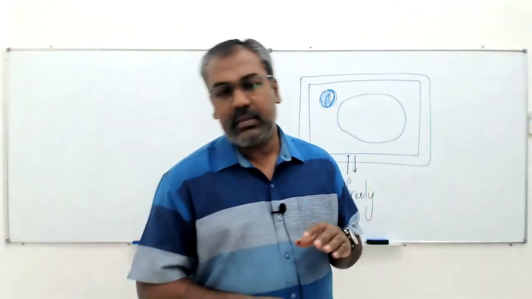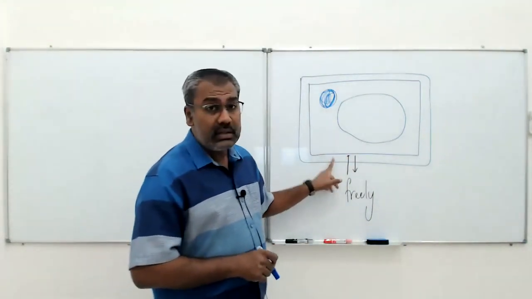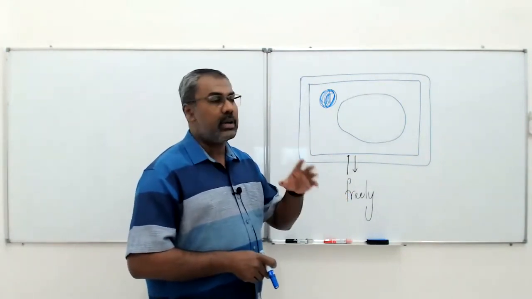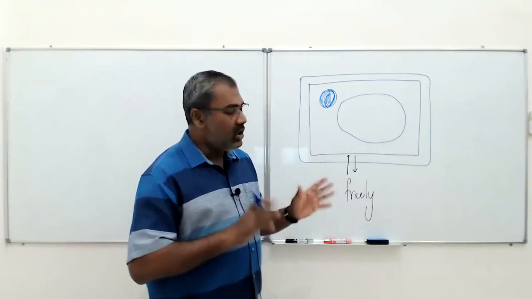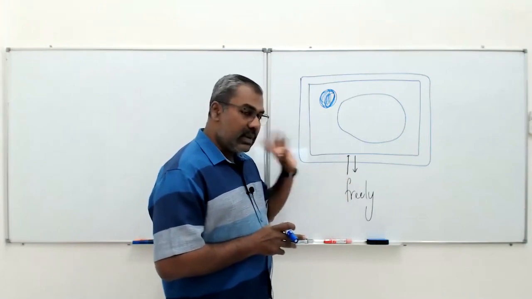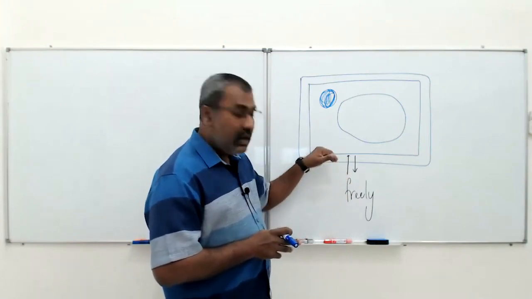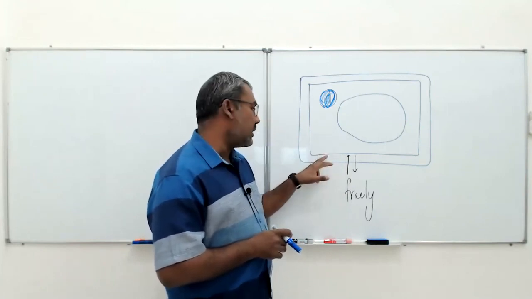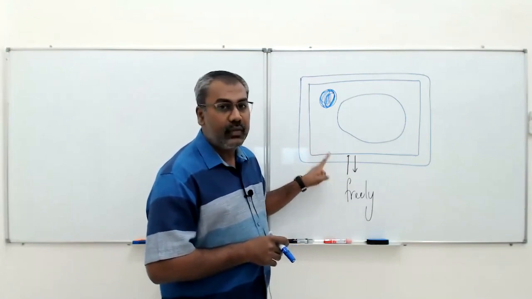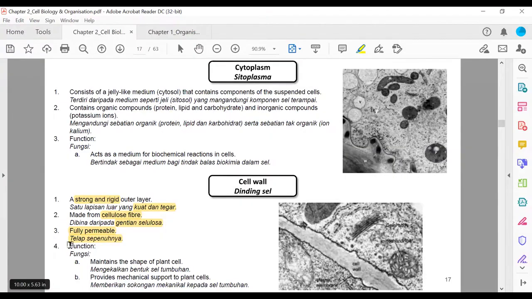Sebarang bahan kecil atau besar boleh melalui cell wall secara bebas, without any restriction, tanpa sebarang halangan, big or small bahan tu. So we call this, oleh sebab itu, because anything can pass through, can enter through the cell wall, can get out through the cell wall. So kita katakan anything can pass through it. So sifat dia adalah fully permeable. Itu maksud dia.